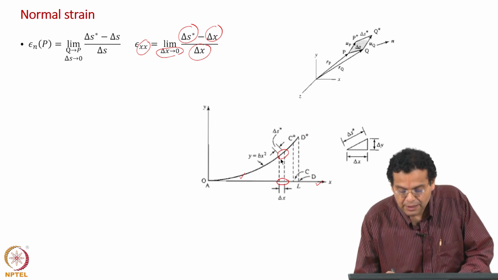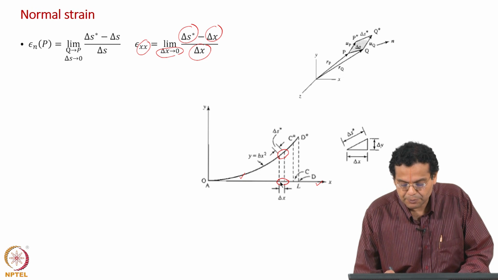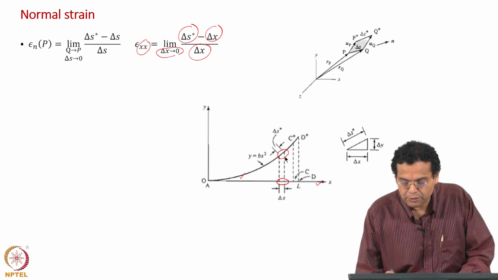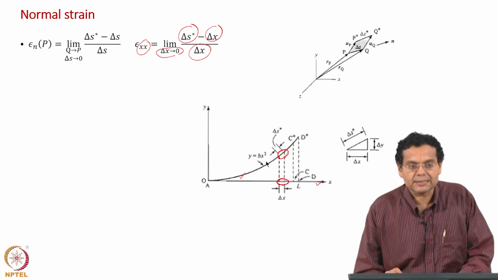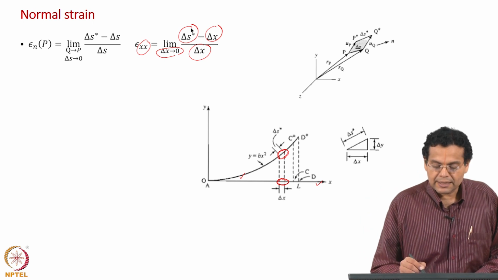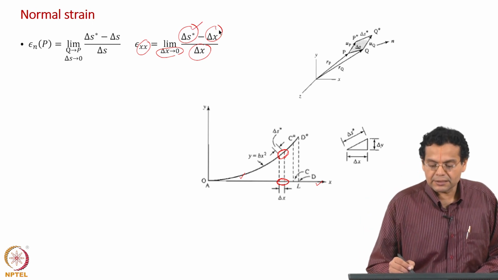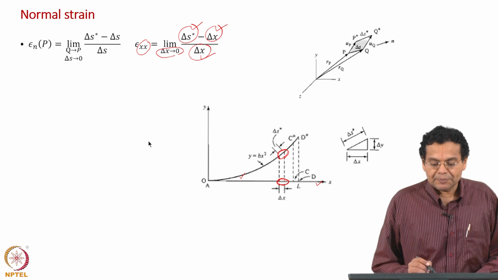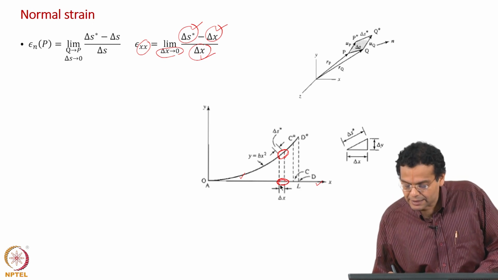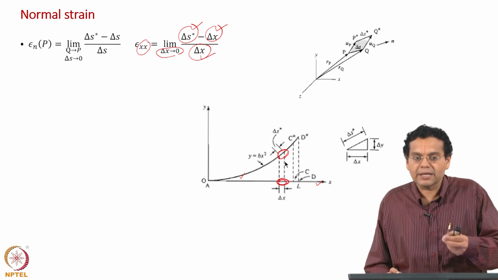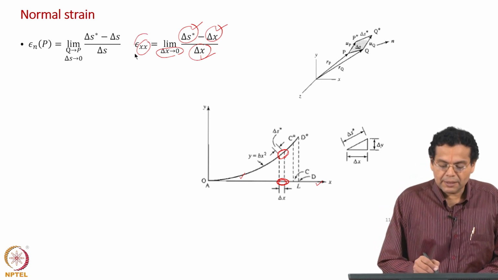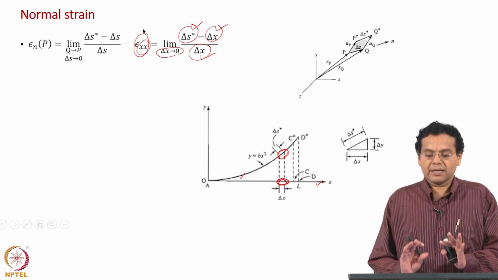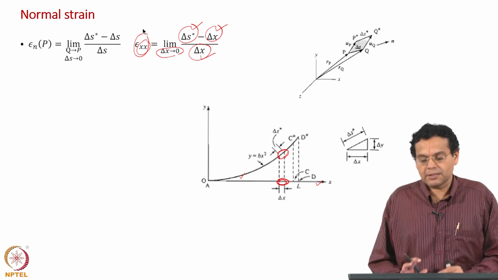So, that is why this vertical line shows this point moves vertically up, this point moves vertically up. So, what happens, this length delta x becomes this length delta s star. So, our definition is delta s star, the final length minus the original length divided by original length in the limit of delta x tending to 0. Why do you do that? We get a point value of the normal strain, and the nomenclature is epsilon xx. Okay. We will have to evaluate this expression, that is what we are going to do now.